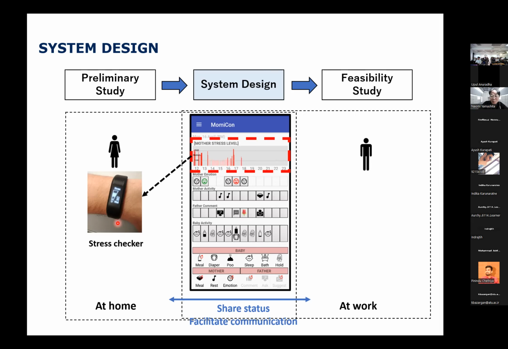So we let mothers enter subjective signals to distinguish between bad and good stress. And when the system detects that the mother is having bad stress, it sends a notification to her husband at work so that it can facilitate communication later on.